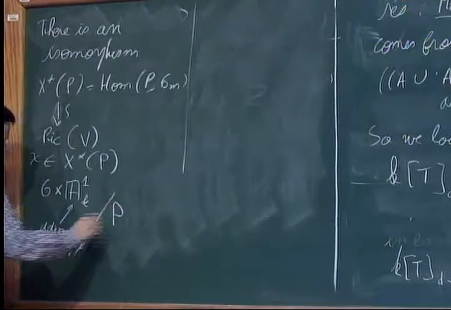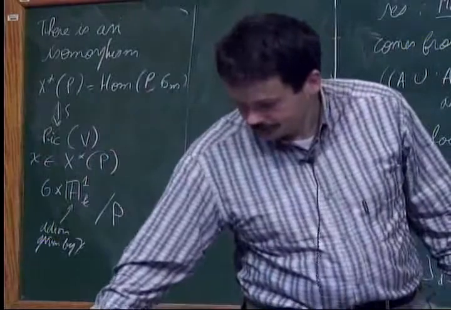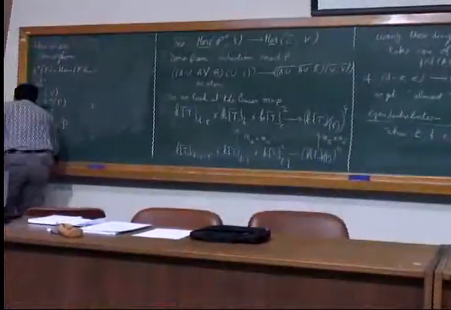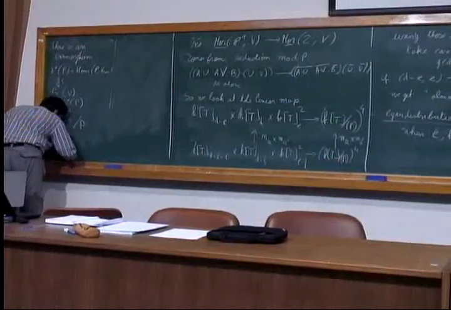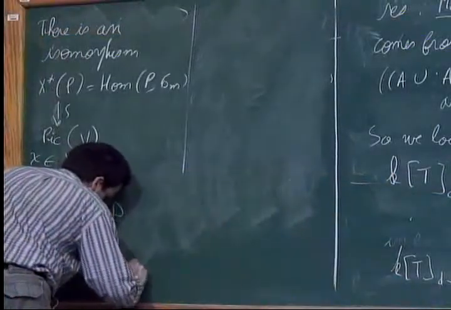So I can take the quotient G times A1 over P. And this is a line bundle L chi over V.